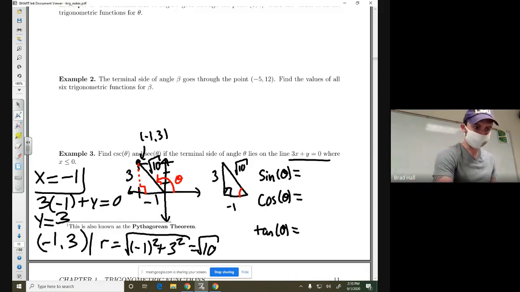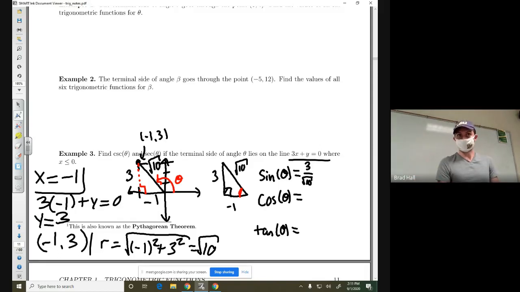The angle for which these spatial relative values are referencing is this red arc that I drew. So what's opposite of that? Looks like it's 3. It's 3 over the square root of 10. 3 is opposite, square root of 10 is the hypotenuse.